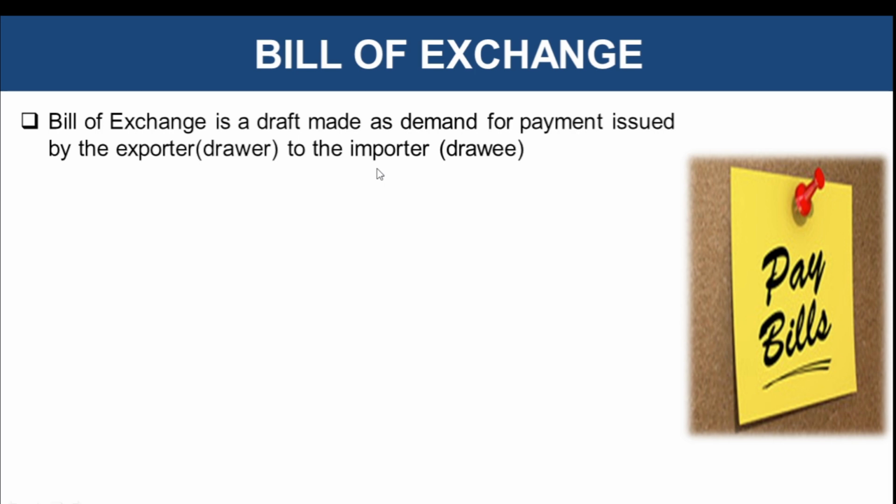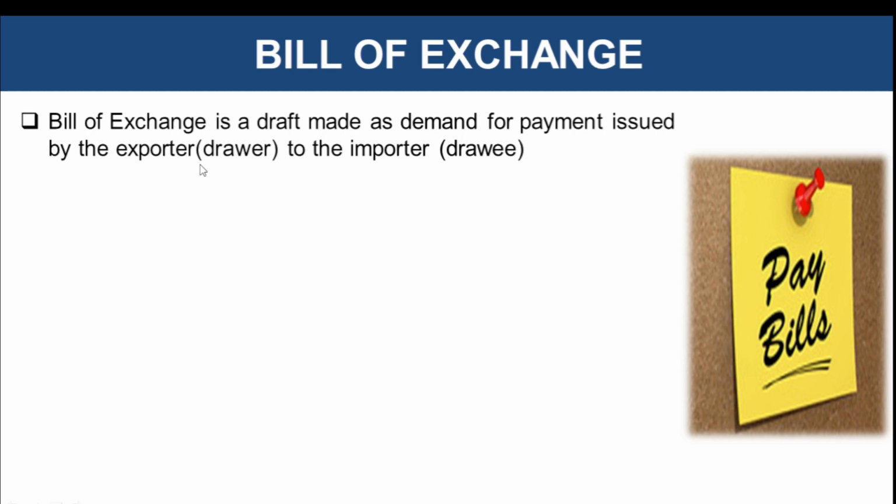These things would be mentioned. Now, who is the drawer? Drawer is the person who would be preparing the bill, the seller or the exporter. Drawee is the person who would be paying the bill, the buyer or the importer. Then there can be other parties involved, the payee, the person to whom payment is to be made. Maybe the payee and the drawer are the same person, the seller, and the payment has to be made to the seller.